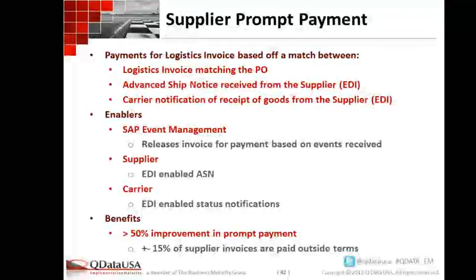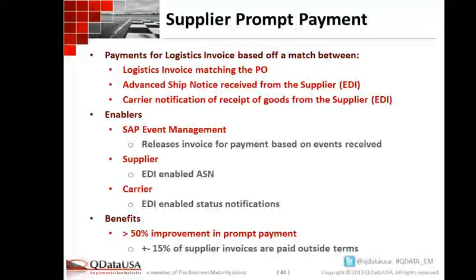But from a legality perspective, when the supplier hands the product over to the carrier and transfers ownership of the goods, they can then legally invoice us, because we've taken ownership through the carrier. So as long as we get the notification from the carrier, we know the products are on their way, they've fulfilled their part of the agreement, so we can go ahead and release that payment.